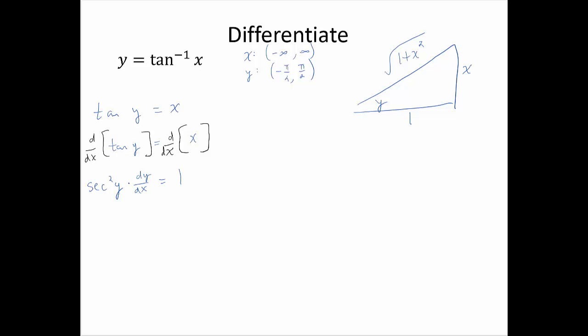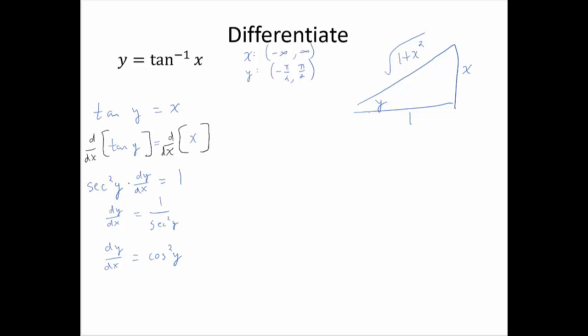So then dy dx is equal to 1 over secant squared y. Hey, I can simplify that. dy dx is equal to cosine squared y.